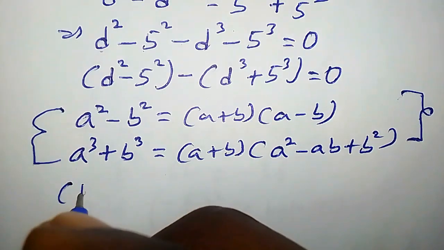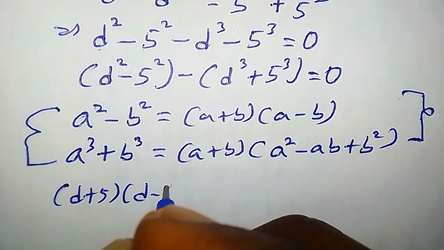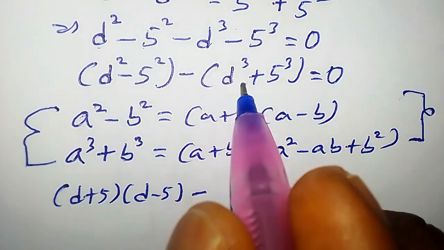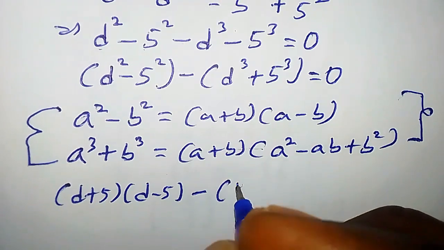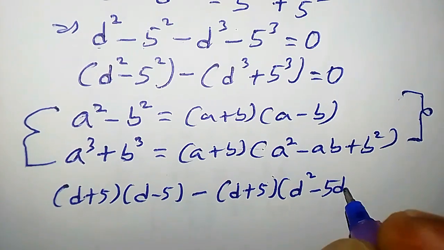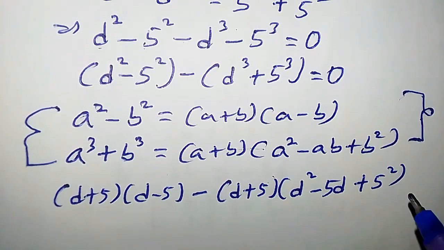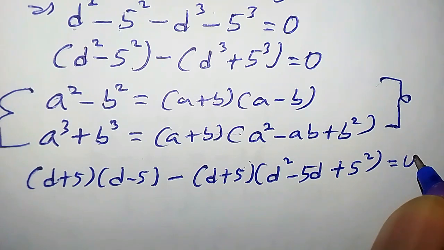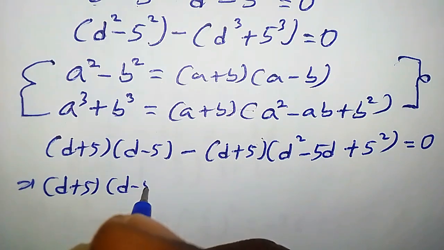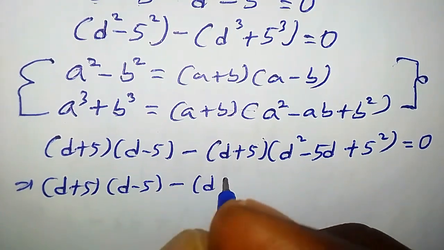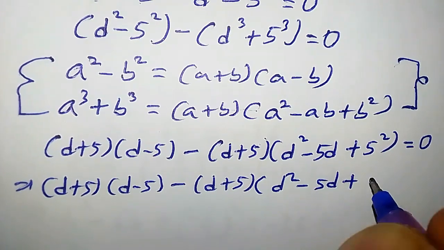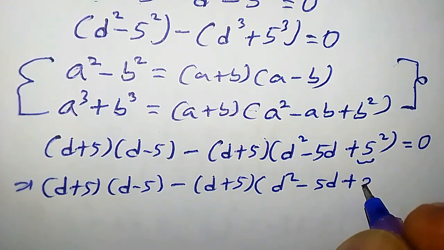Let's apply the first property to this one. Doing that, we're going to have d plus 5 times d minus 5, minus. Now, applying the second property to this one, we simply have d plus 5 times d square minus 5d plus 5 square, everything equal to 0. This means d plus 5 into d minus 5, minus d plus 5 into d square minus 5d plus, what is 5 square? 5 times 5, 25.